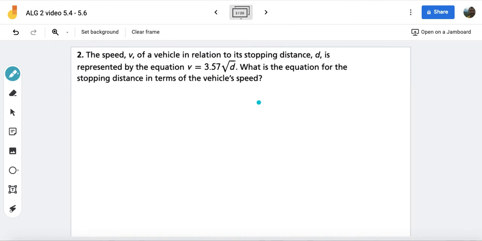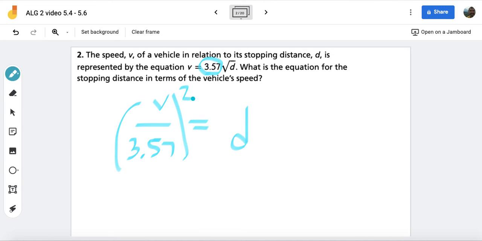Okay, to solve this for d, I'm going to divide both sides by the 3.57. So I'm going to have v over 3.57, and that equals the square root of d. Then I'm going to square both sides, so then I'm going to have d if I square both sides, and this would be squared.